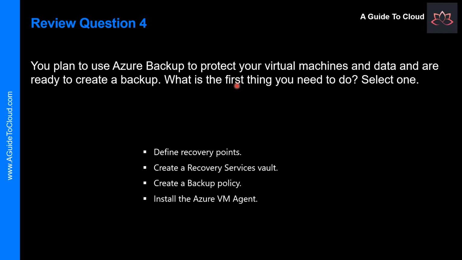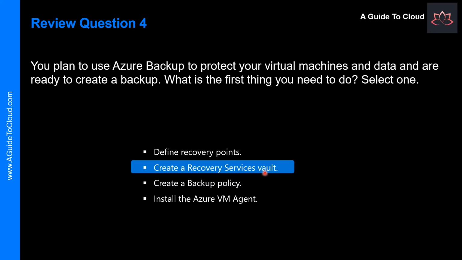You plan to use Azure Backup to protect your virtual machines and data and are ready to create a backup. What is the first thing you need to do? The first step in BCDR and backup is to create a recovery services vault. When performing a virtual machine backup, you must first create a recovery services vault in the region where you want to store the data.